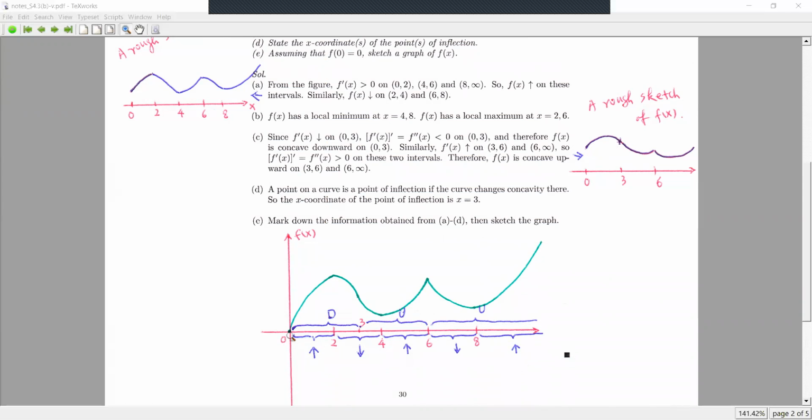Say, for example, from 0 to 2, from part A, function f is increasing on 0 to 2. So for 0 to 2, I mark down the information: increasing.